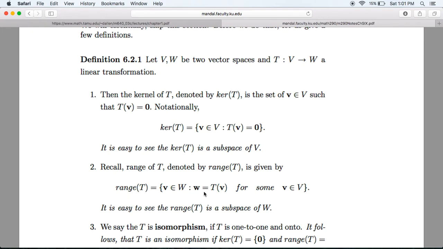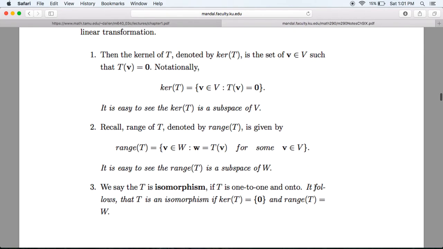Range of T is actually the set of images under T, and this range of T forms a subspace. This too can easily be checked.